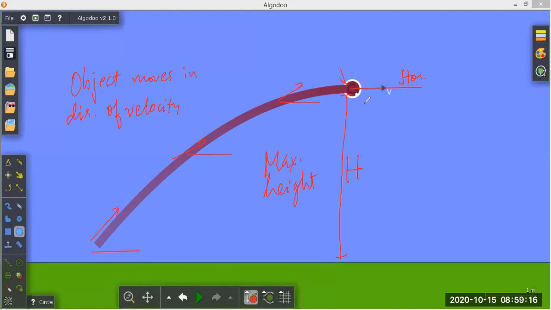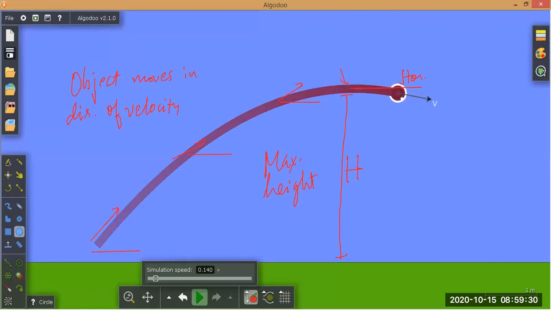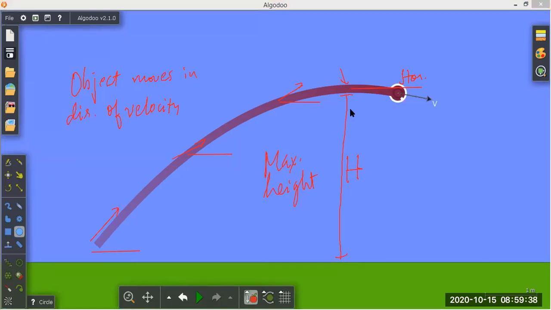And now gradually, because of Earth's attraction, because of the acceleration, the velocity is going to turn. If I play it further, you're going to see that the velocity will now come downwards at an angle. Do you observe this? The velocity's angle has now changed downwards, right?